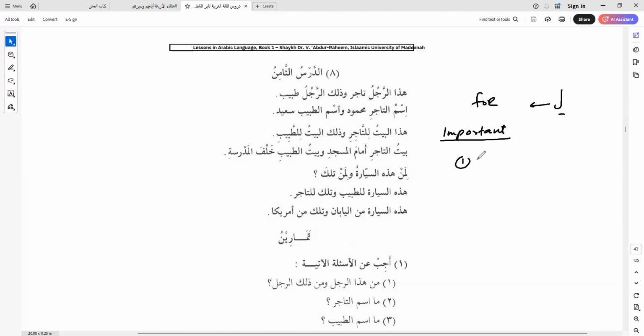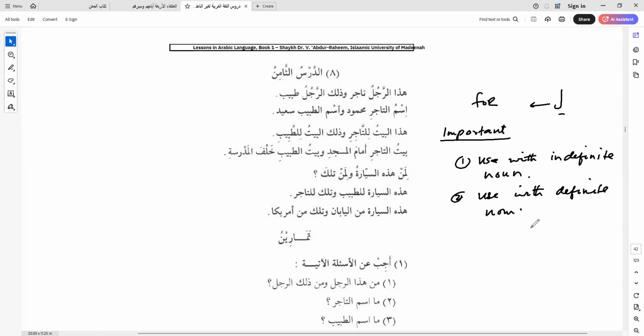Number one, when it is used with an indefinite noun. And then number two, when it is used with a definite noun. Very, very important to know.